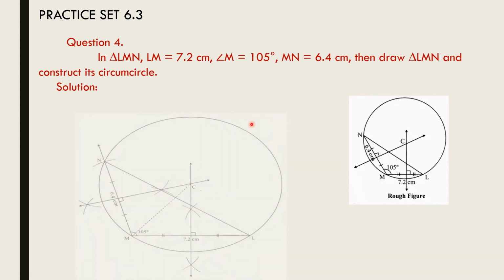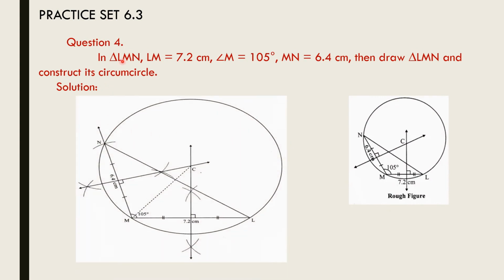First draw triangle LMN. With ML as the base, 7.2 centimeter, draw the angle M equal to 105, and on this ray mark 6.4 centimeter as N and join LN. This is your triangle LMN.